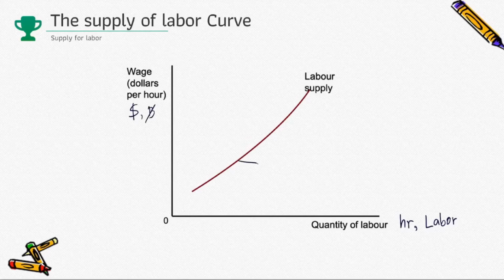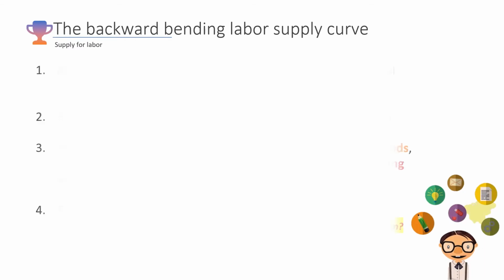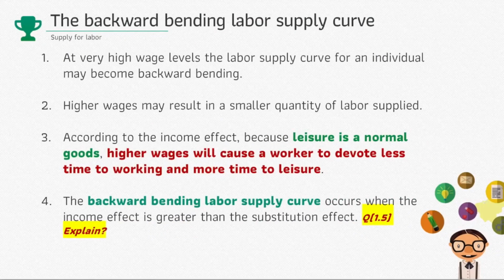Upward sloping, positive slope. What happens when we change the wage rate? The number of laborers or working hours will change. Why?